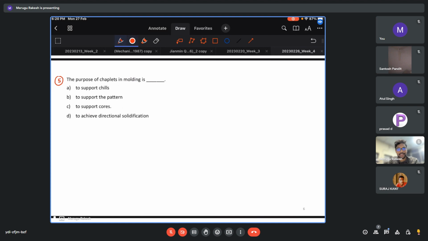So what is the answer for this? The purpose of chaplets? Support pattern.